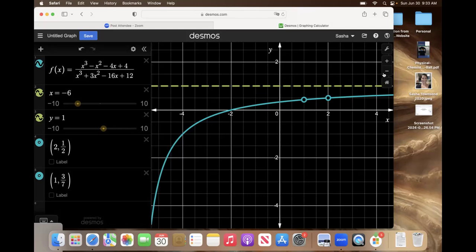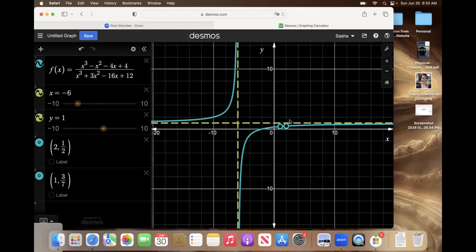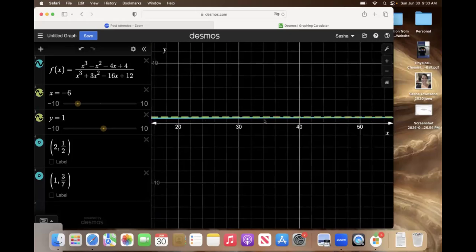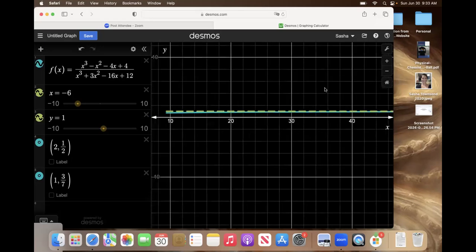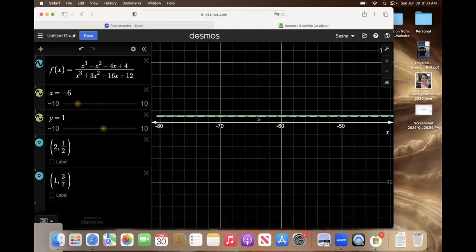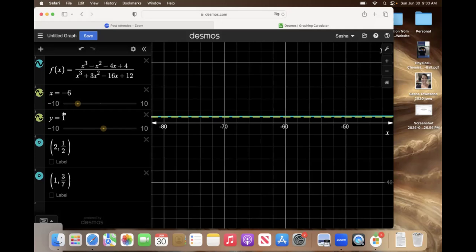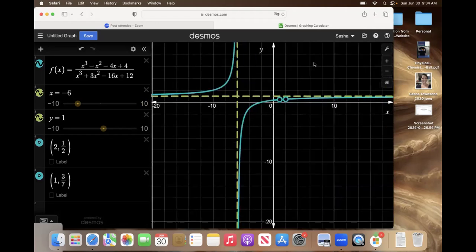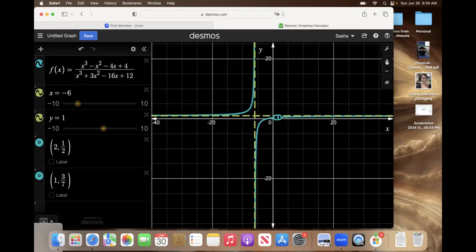And then if we look at this graph as x goes to positive infinity, we're looking at how the function behaves. Well, the function is getting very, very close to that horizontal line, which is y equals 1. And as x goes to negative infinity, so x gets very, very large and negative, the function is getting very close to the horizontal line, y equals 1 as well. So that is the right graph, the correct graph.